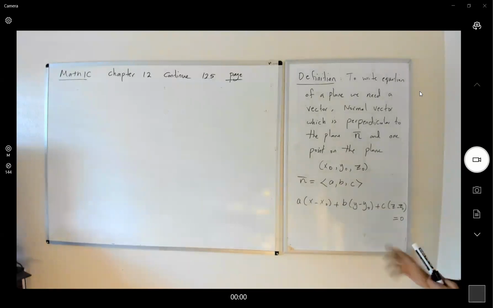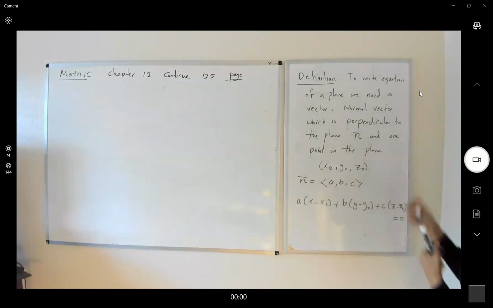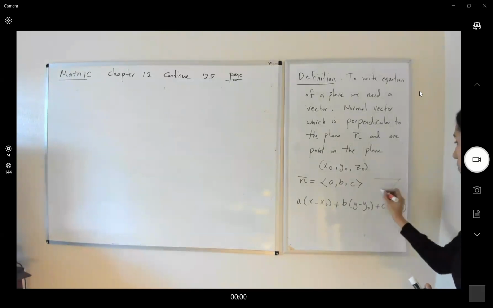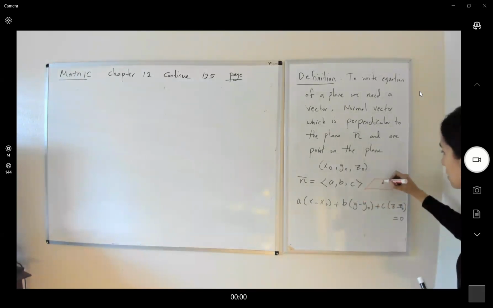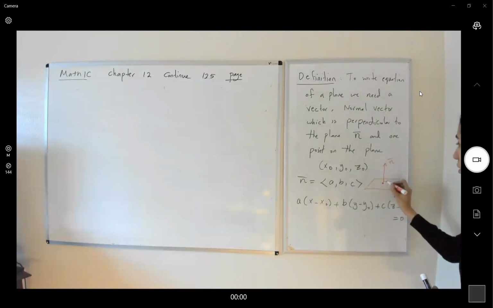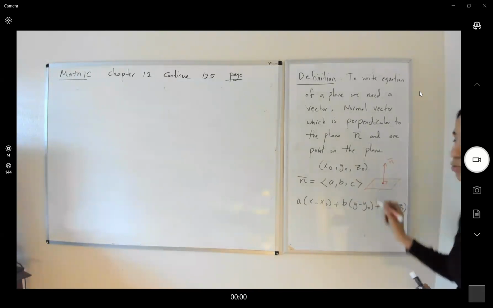So this is the official equation of a plane. This is your plane. This is your point, x sub 0, y sub 0, z sub 0, and this is your normal vector n, perpendicular to the graph of your plane.